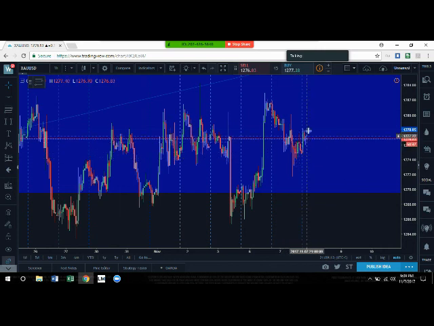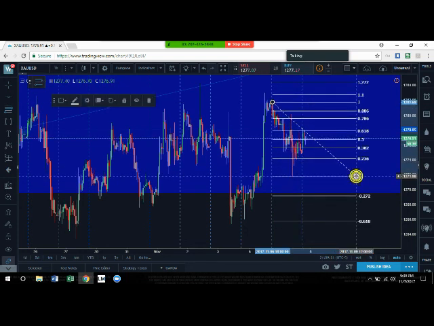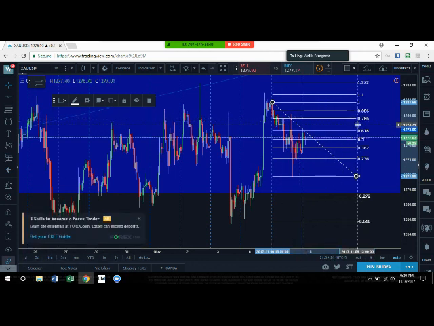My entries are in between this right here and this. That'd be my short. And then you take it all the way down to either the 272 or the 618. But even looking at this, from this look right here, that's the 618 that it's finding resistance at.